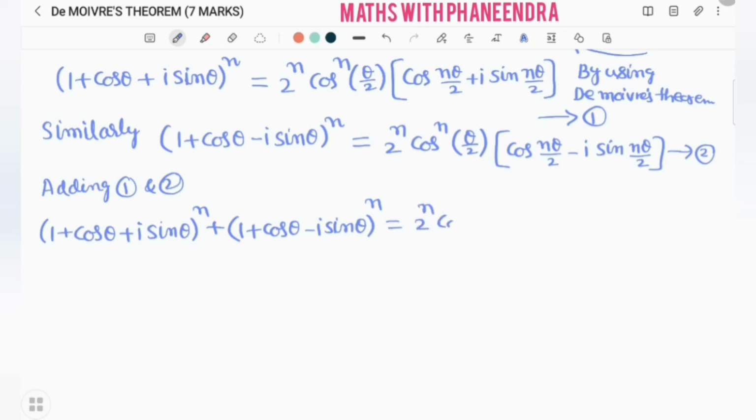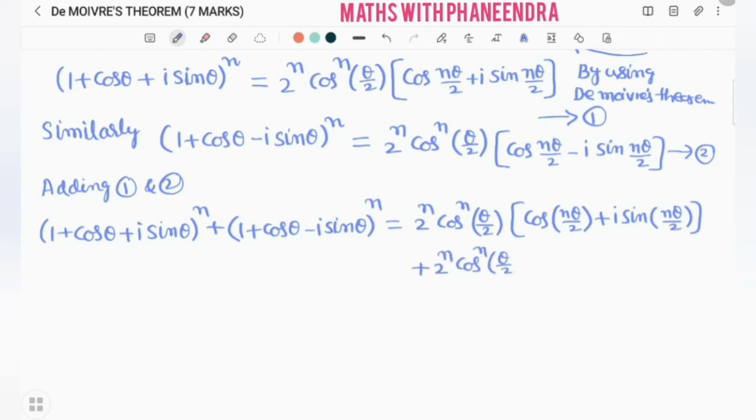2^n cos^n (theta/2) [cos(n theta/2) + i sin(n theta/2)] plus 2^n cos^n (theta/2) [cos(n theta/2) - i sin(n theta/2)].